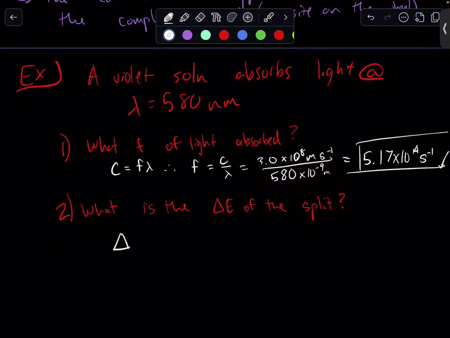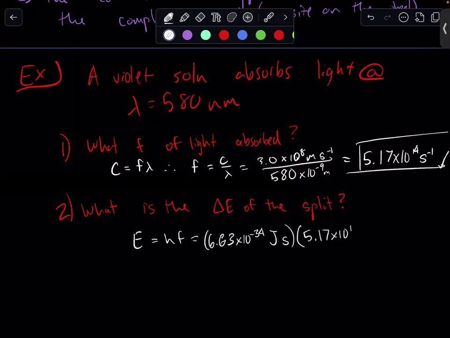For energy, I'm just going to do energy equal to hf, Planck's constant times the frequency. We found Planck's constant in your data booklet as 6.63 times 10 to the minus 34th joule seconds. We'll multiply that by 5.17 times 10 to the 14th seconds inverse.